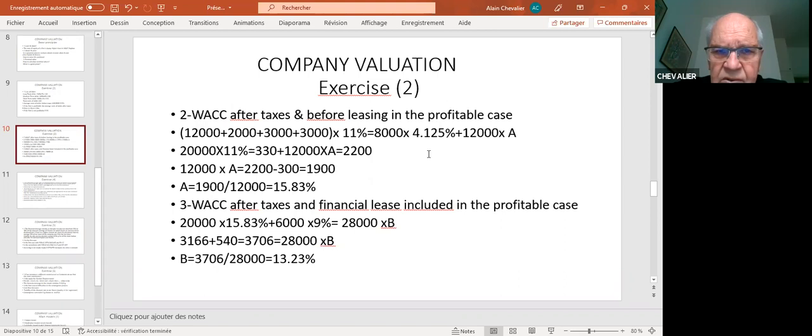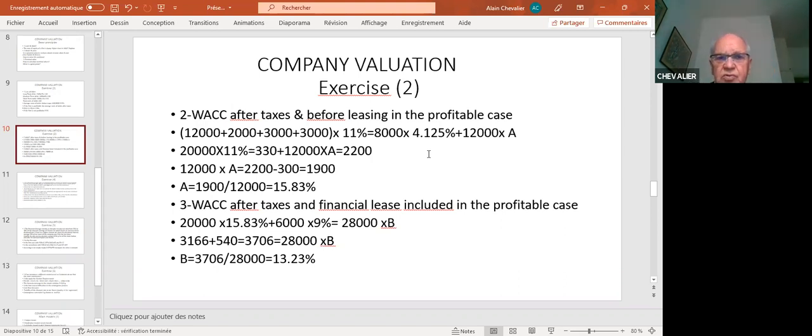And a level of equity, total equity, of course, which is 12,000. So what you find here on the second line is 12,000 plus 2,000 plus 3,000 plus 3,000. If we assume, because other analyses and calculations can be used, that the WACC is equal to 11%.